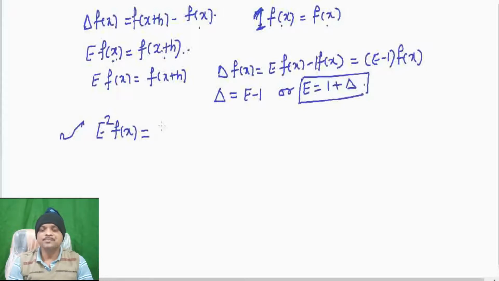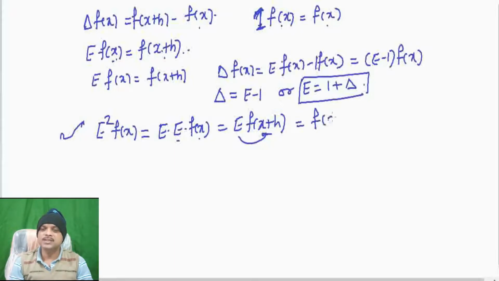We are just applying it two times, that is E of E f of x. So E f of x is nothing but E of f of x plus h, and there must be another displacement by h, so this will be f of x plus 2h, since x plus h plus h is x plus 2h.